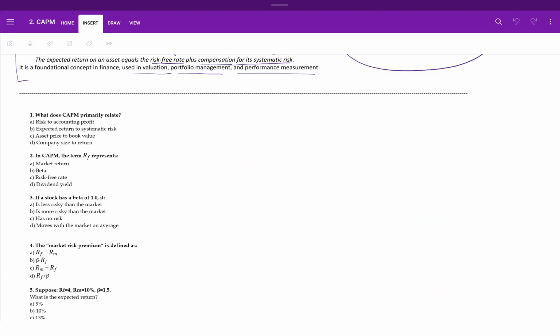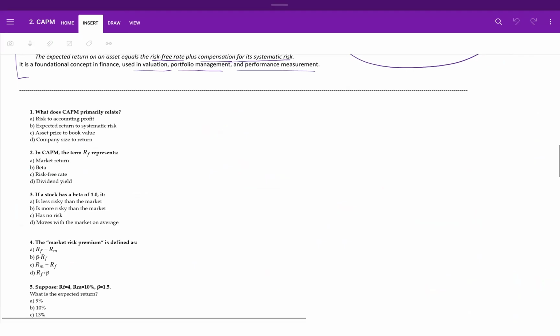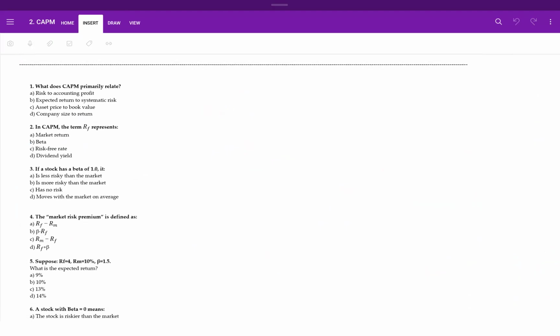When we talk about the capital asset pricing model and do question and answers, these are theoretical questions only. Doing questions tests your concepts, and it's very important. So let's quickly solve the questions.